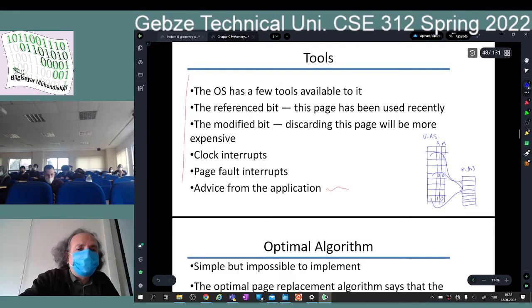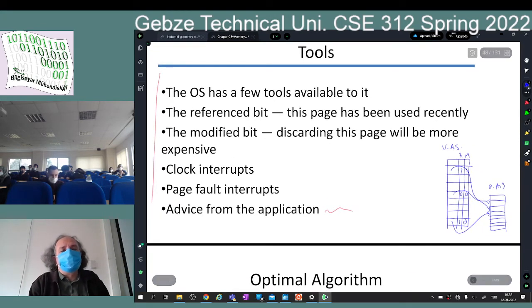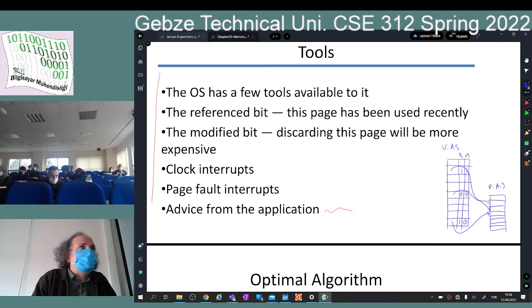Clock interrupts we are going to use a lot. Remember, a clock interrupt happens 30 times a second, 50 times a second, depending on your system parameters.